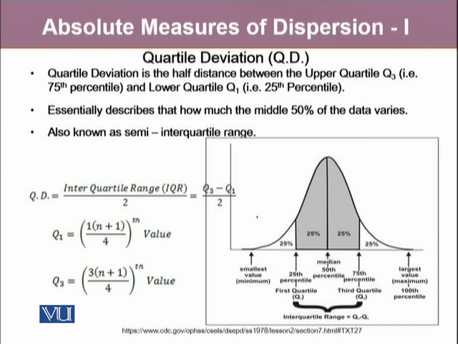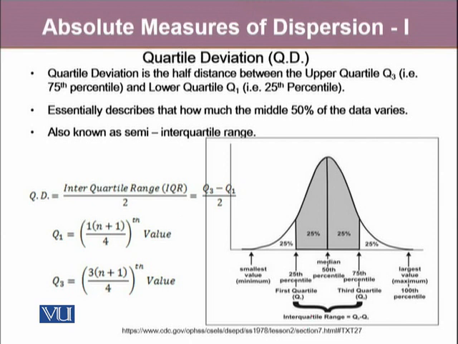Quartile deviation essentially describes how much the middle 50% of the data varies, also known as the semi-interquartile range. If we look at the formula, quartile deviation is equal to the interquartile range divided by 2. Since we are dividing it by 2, that's why we call it the semi-interquartile range. And we call it the interquartile range in the numerator because it's the difference of the third quartile and the first quartile. We use the usual method to calculate these quartiles as we discussed in the previous modules.